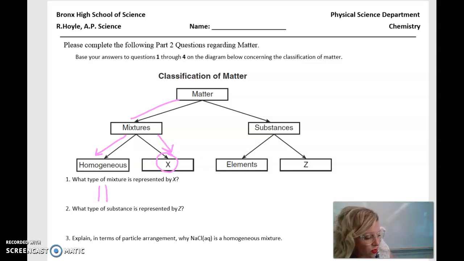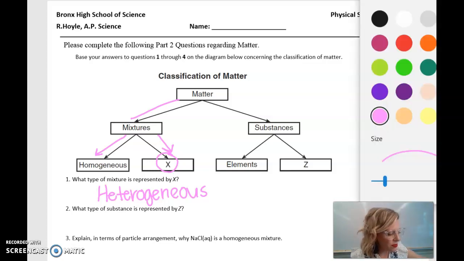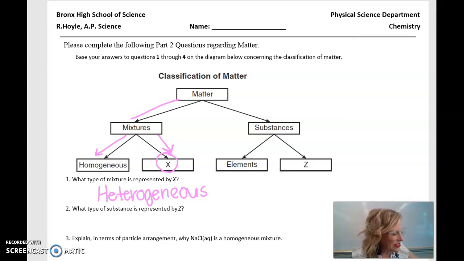All you have to write is just the 1 word, right? So this is heterogeneous. And also, if you're concerned about spelling like me, I am not great at spelling. But if you're concerned, the Regents usually says if we can understand what you are trying to say, then that's A-okay.